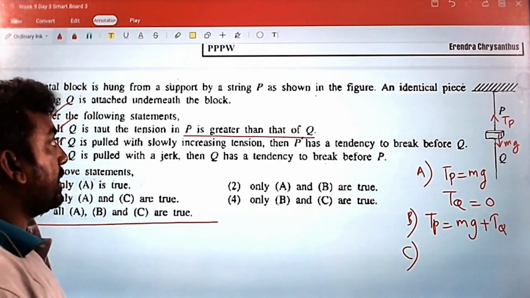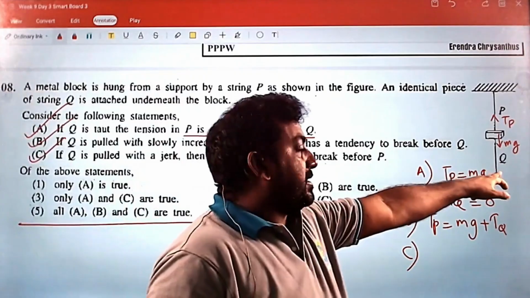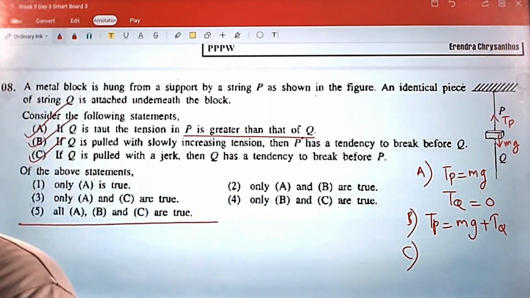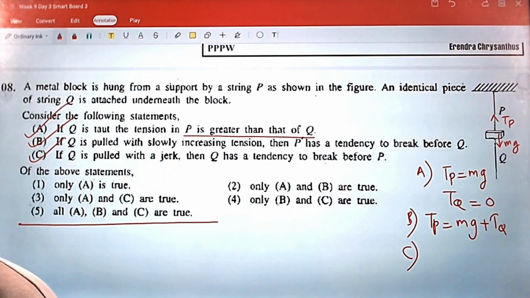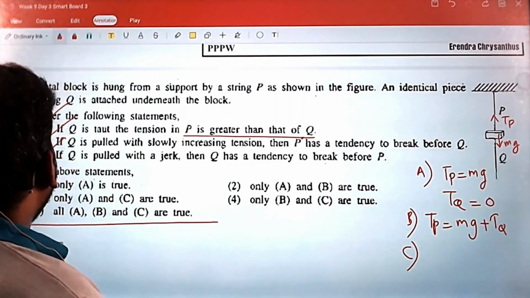When we apply an impulsive force on Q, a large force is acting for a very short period of time on the lower string. This will cause the string to fracture.